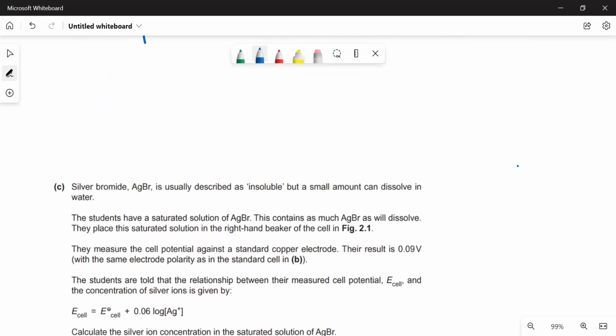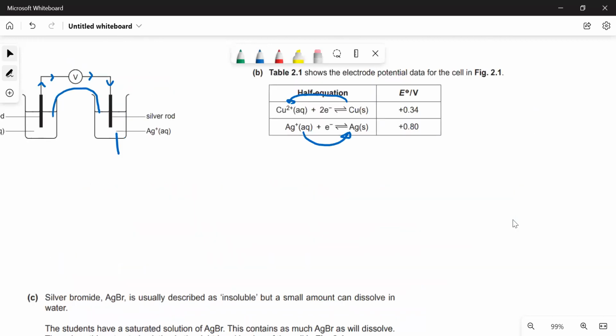The students are told the relationship for the measured potential is given by this. So they've told us what E cell is, in this case it's 0.09 volts. We need to know what E standard is, so we need to look at this table. So E standard is going to be equal to the E right minus the E left.